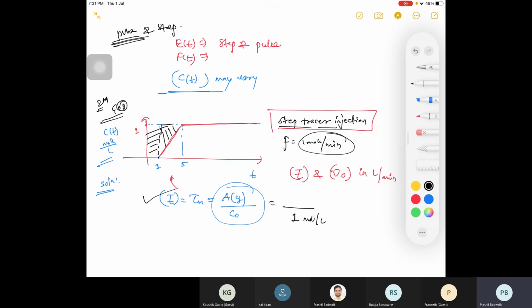We will have some examples such as PFR followed by MFR or MFR followed by PFR. Then what is the condition? Suppose it is a dead zone, then what kind of curve will you get? If it is recirculation, then what kind of curve will you get? We are going to look at that, but first we'll go step by step and then we'll reach that.